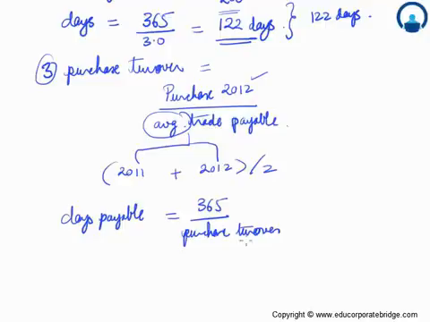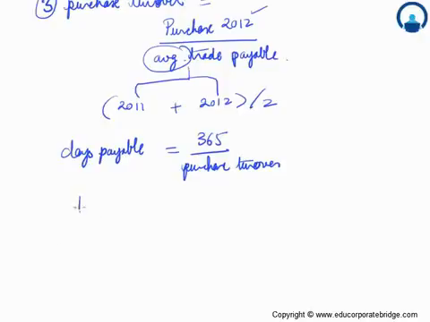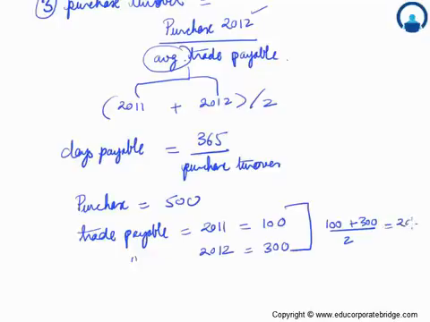So let's take another example and see how this works. Say, for example, during the year you made purchases of, let's say, 500, and your trade payable in 2011 was, say, 100, and let's say trade payable in 2012 was 300. So in order to calculate the average trade payable, this would be 100 plus 300 divided by 2, so we'll have this as 200.